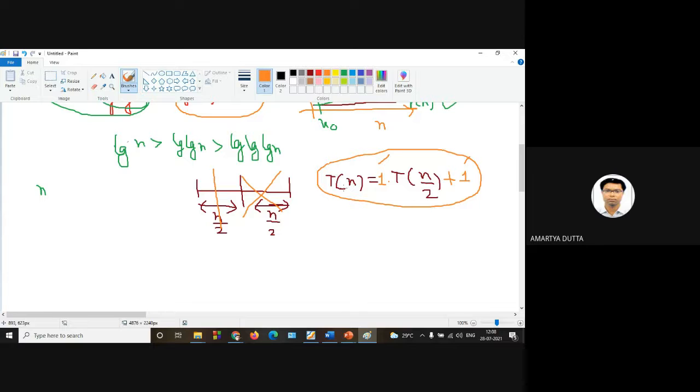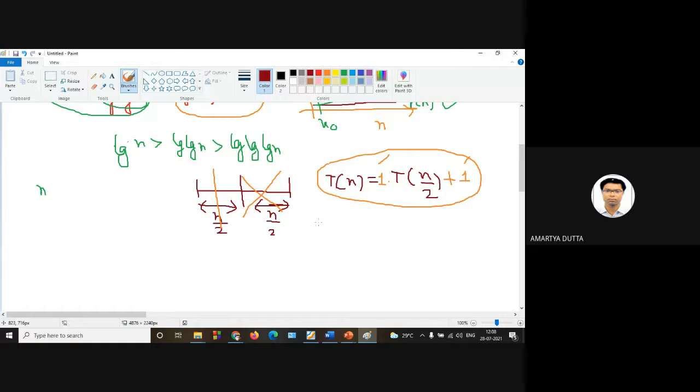Now for quick sort and merge sort, what will be the recurrence relation? Can you justify? Quick sort and merge sort are all depending upon the divide and conquer strategy. So divide and conquer strategy means divide, conquer, and next combine. Divide your problem of input size n into subproblems. Then the conquer part.